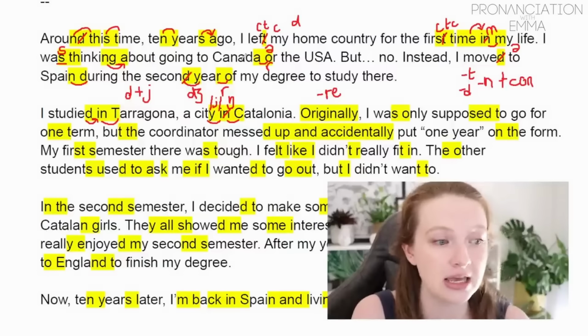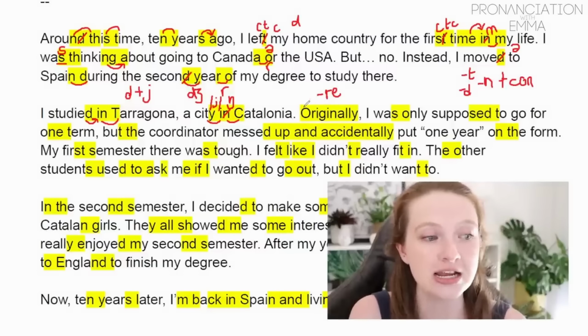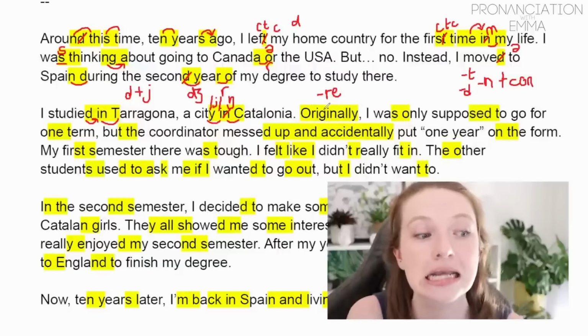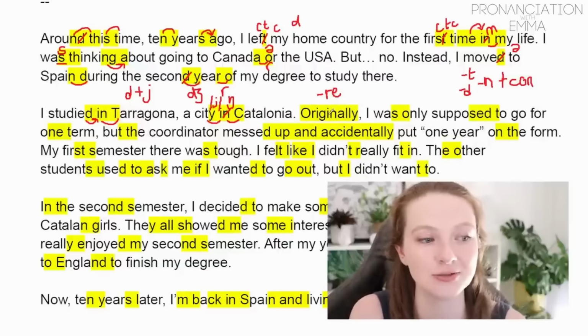I think I need to do a more refresher video, but I will put the old one in the description of this one so you can go and check out the rules for when we cut syllables in words, because believe me, there are rules. So what I'm doing here is originally. That's all the syllables, but I'm saying originally. So I'm kind of cutting like these ones here and squishing this.